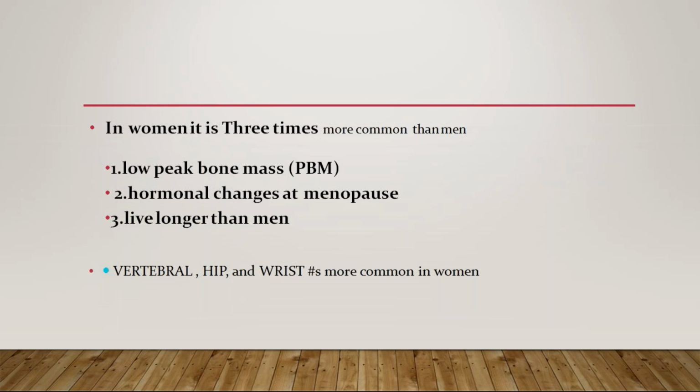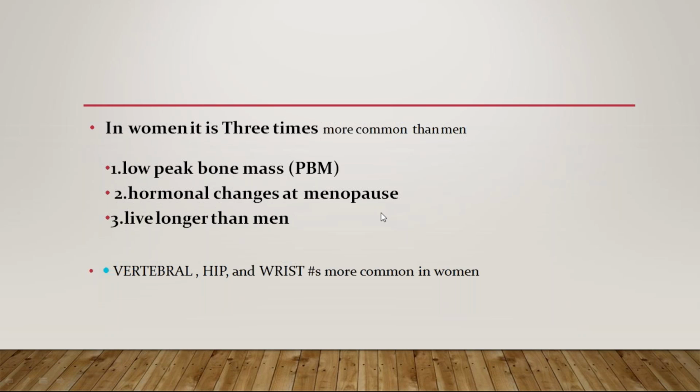Why are women more prone to fractures? It is 3 times more common than in men, because women have a low peak bone mass. I will tell you what peak bone mass is. Women also have hormonal changes at menopause, and after menopause the estrogen levels are very low, and estrogen is mainly responsible for bone formation.